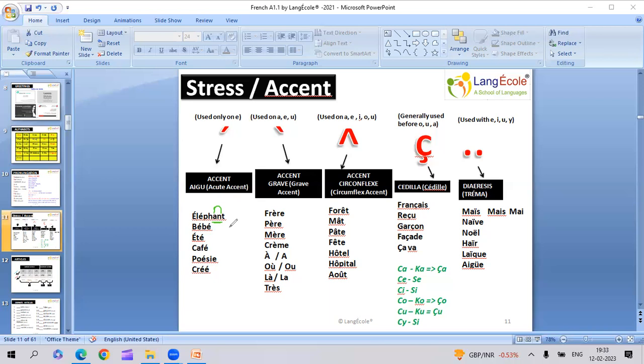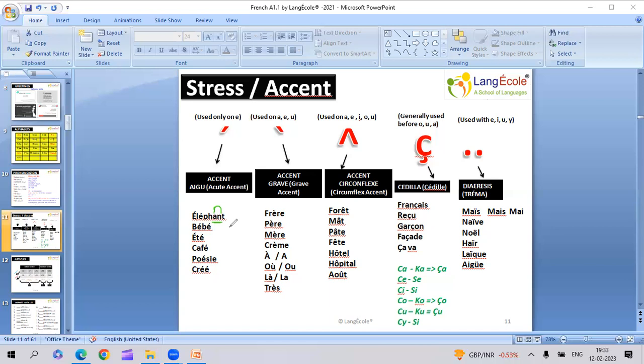We will learn masculine and feminine nouns next class. Right now, we will concentrate on the sound or pronunciation. If you're clear about this accent, we'll move to the next accent.